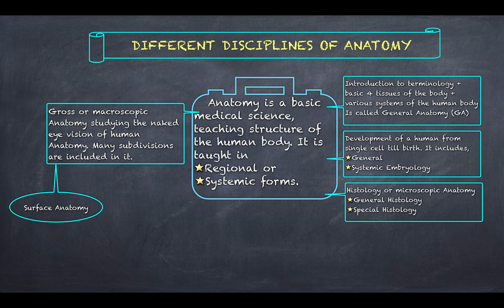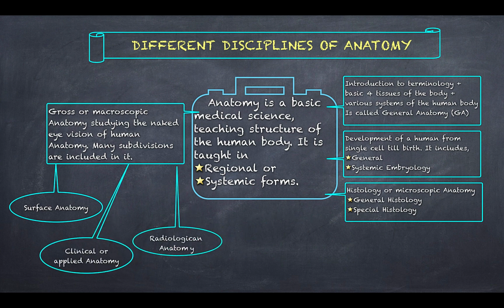Surface anatomy is how to mark an organ on the surface so that you know where to locate it and how to feel for it if there is any pain or problem with that organ. And also we'll do radiological anatomy and clinical and applied anatomy. All these are sub-subjects of gross anatomy actually.